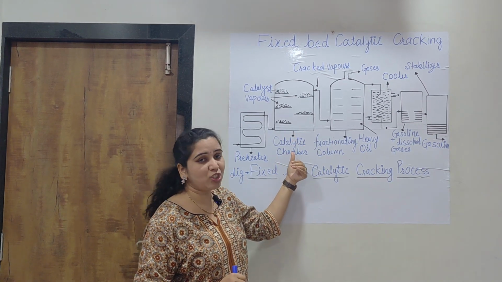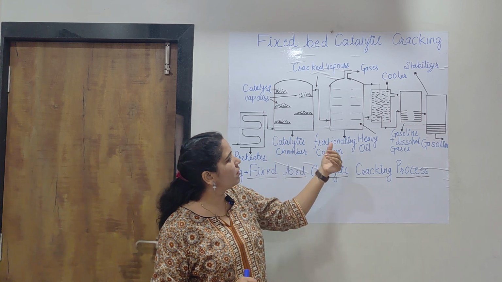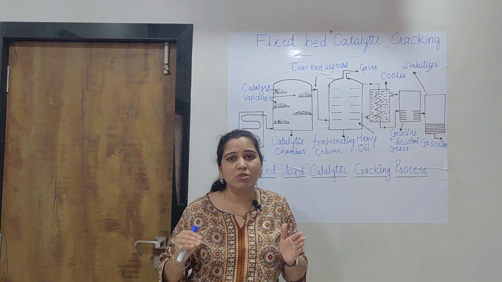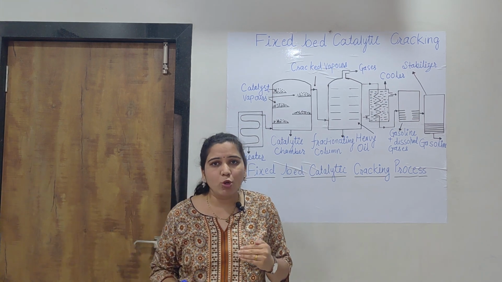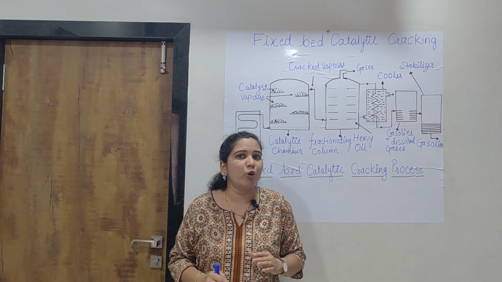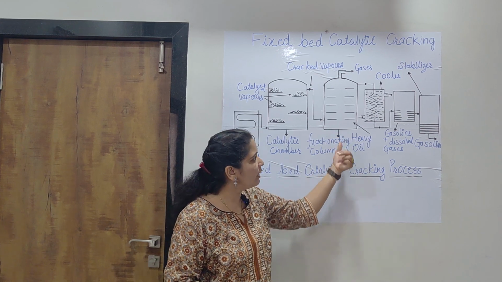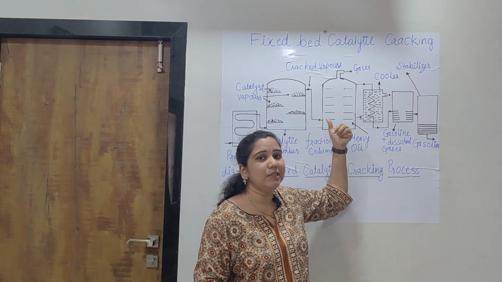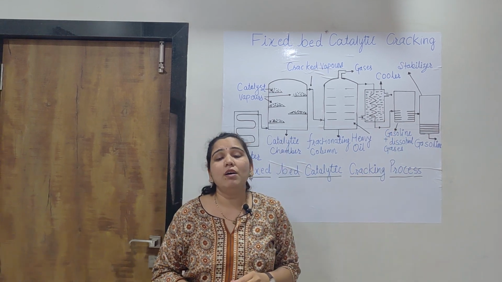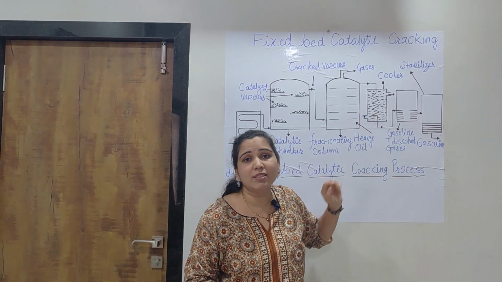Then third is a fractionating column, where once the cracked gasoline is produced, it must be fractionated, differentiated according to its quality. Then, as it is in the vapor state, it is to be converted into liquid. For that, coolers are provided.